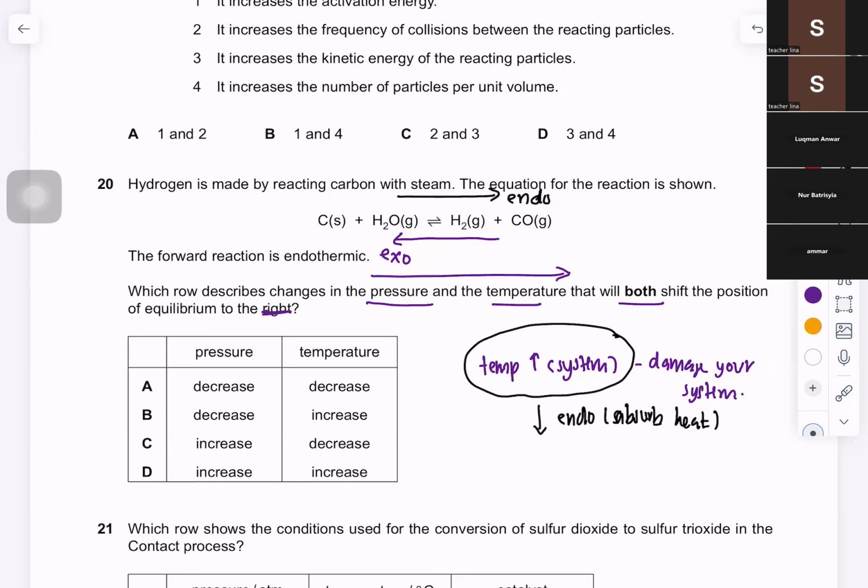Now kalau system you, temperature you decrease. You apply the temperature decrease. So that you punya reaction jadi macam inactive. So then this one you kena nak increasekan balik temperature, you want to increase back temperature in the system, you kena cari exo. Sebab exo you boleh release heat to the surrounding.